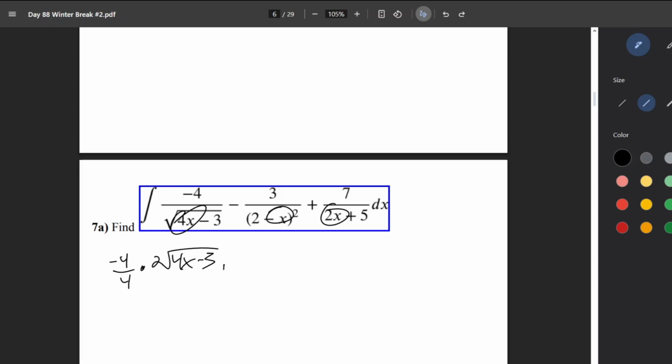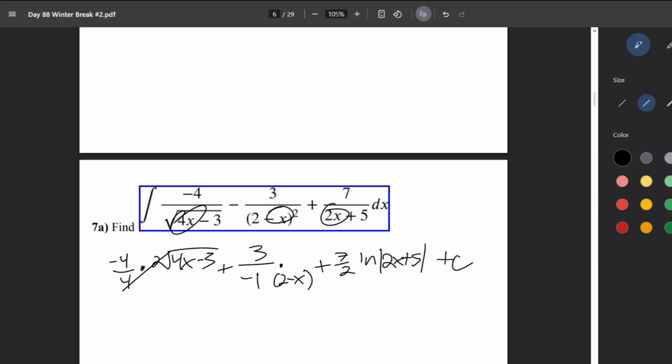So this would just be plus, change the sign, -1 times 2 minus x. Actually we can simplify a bit more, but because this is still on the bottom, I'll just do that later. And then plus 7/2 ln absolute value 2x plus 5 plus c. And that one's basically done.